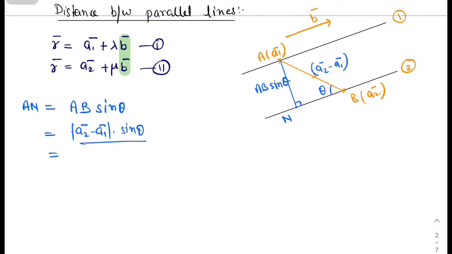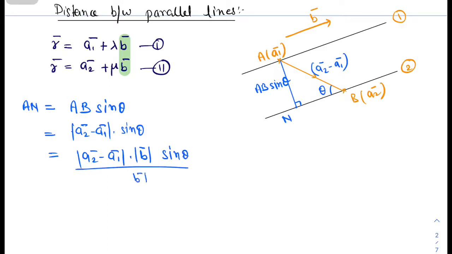Magnitude of A2 minus A1 into sin theta, I can write as this magnitude into magnitude of B into sin theta, divided by magnitude of B. What I have done here is multiply and divide by magnitude of B in numerator and denominator.